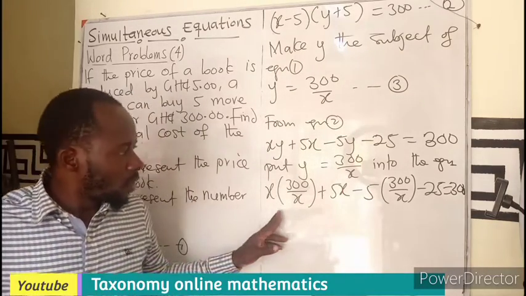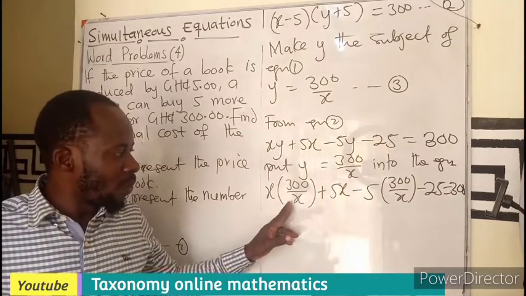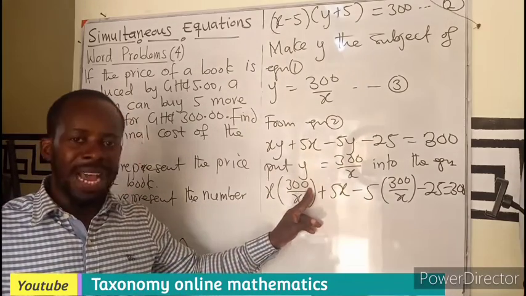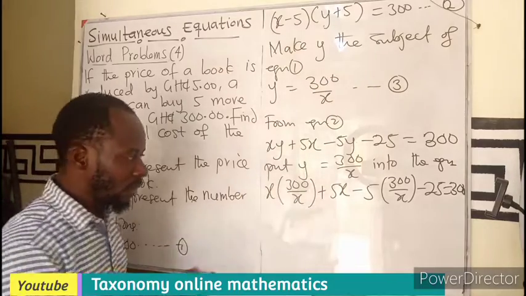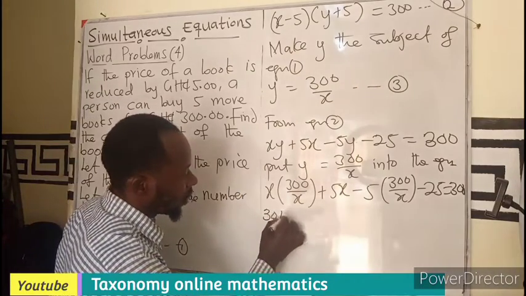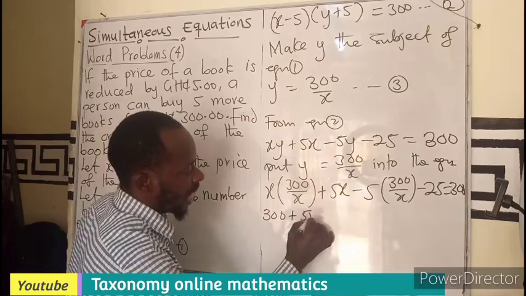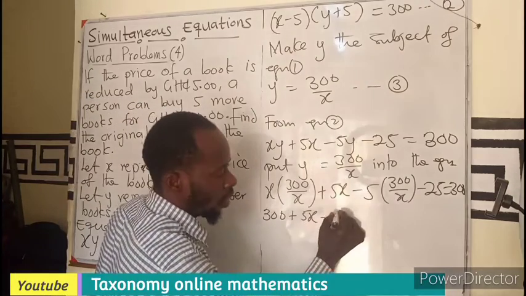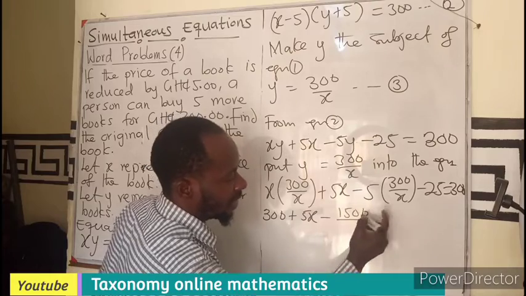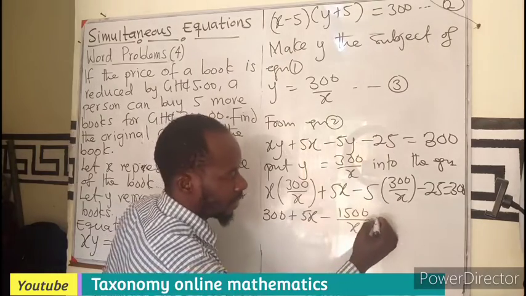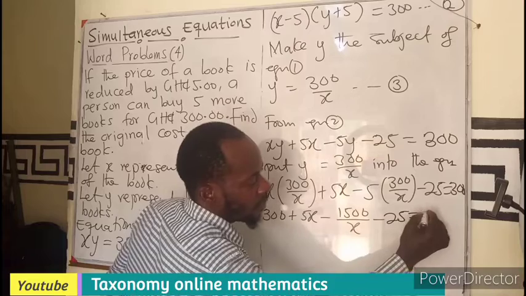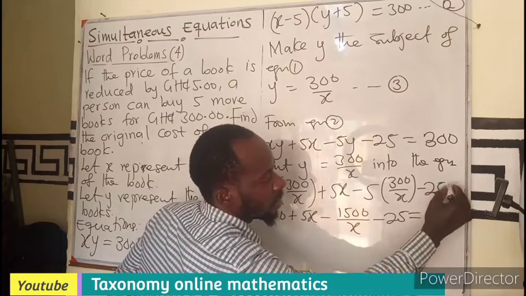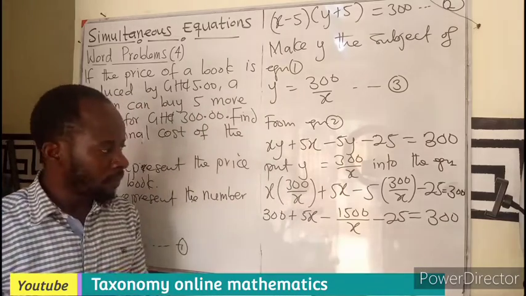Alright, so in this case we can open our bracket. x will multiply 300 divided by x, it will cancel. So I'll be left with only 300 plus 5x, since there is no multiplication here, minus this will multiply the top, 1500, still over x, minus 25 equals 300.